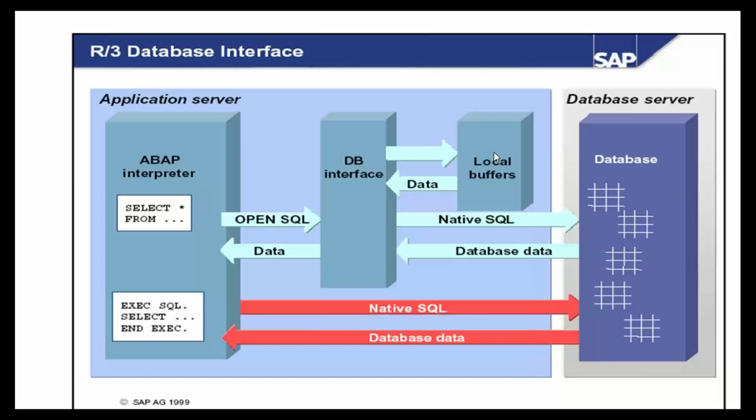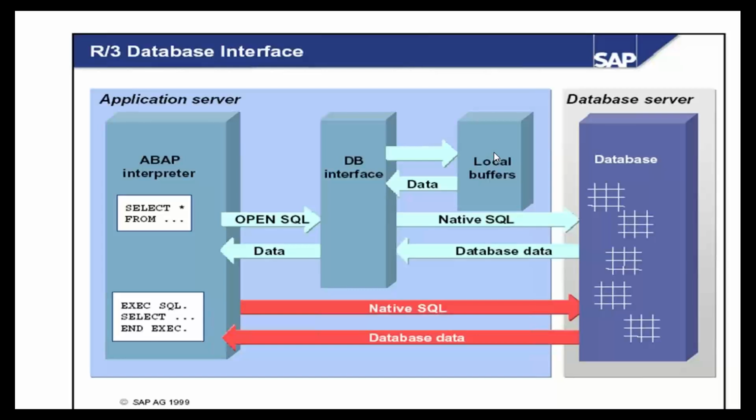We have seen that data is getting populated to internal tables, but internal table data is all temporary. Only during the runtime you'll have the data in the local buffers. Once you come out of the program, there will not be any data at all.